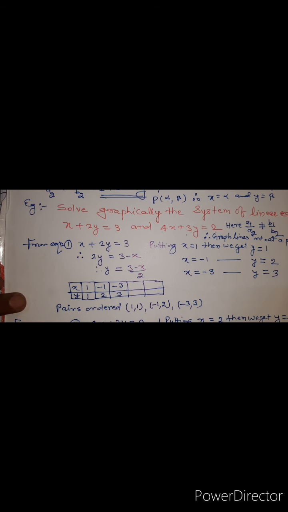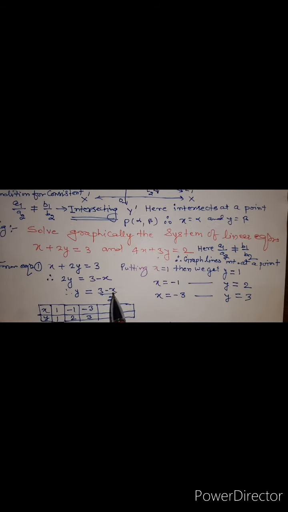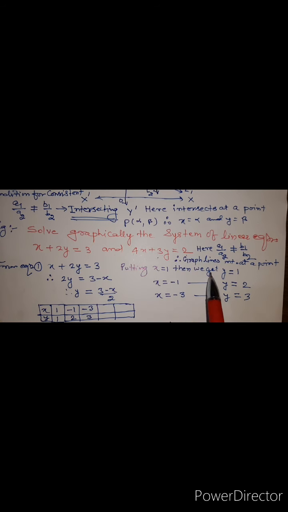Now after putting value of x, if putting x equal to 1, then we get y equal to 1. Look at here, 3 minus 1 by 2, what will be? 2 by 2. The result will be y equal to 1.